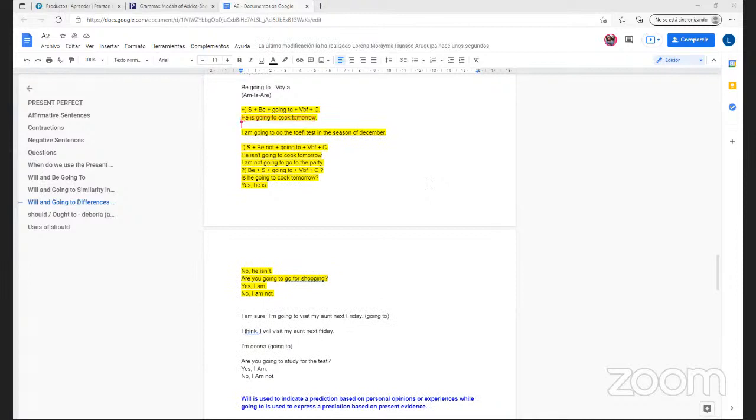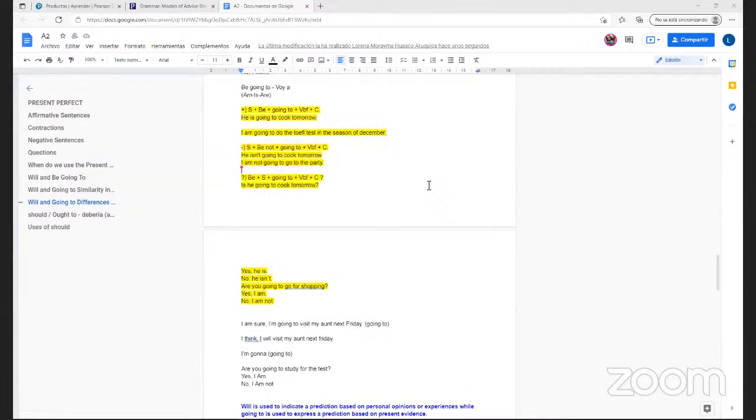The other example, I'm going to do the TOEFL test in the season of December, right? So in negative, the only thing that we have to do is to put not after the verb to be, right? Subject, be not, going to, and base form and complement. He isn't going to cook tomorrow.